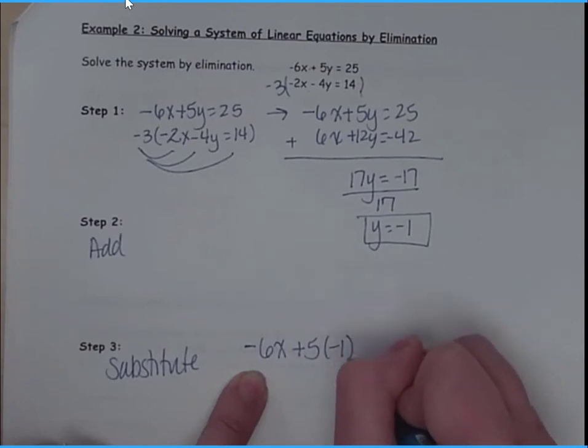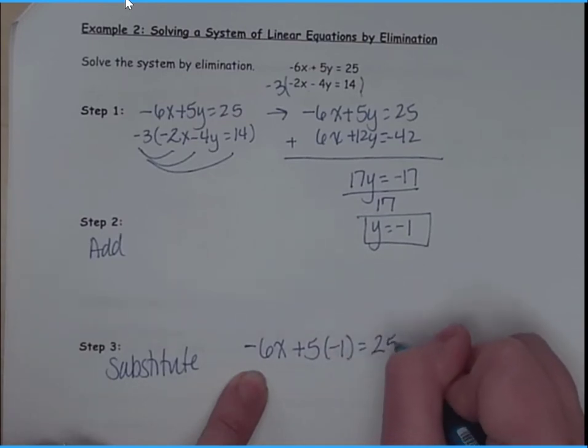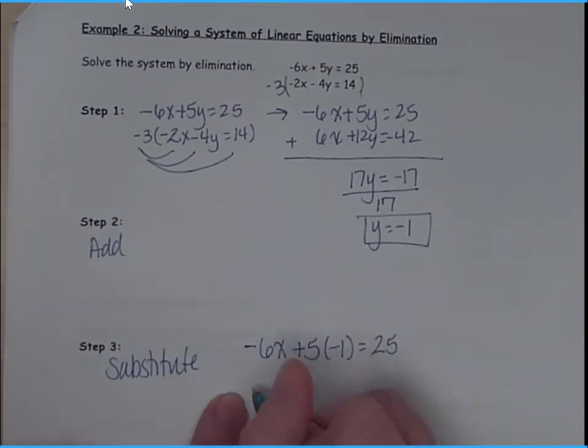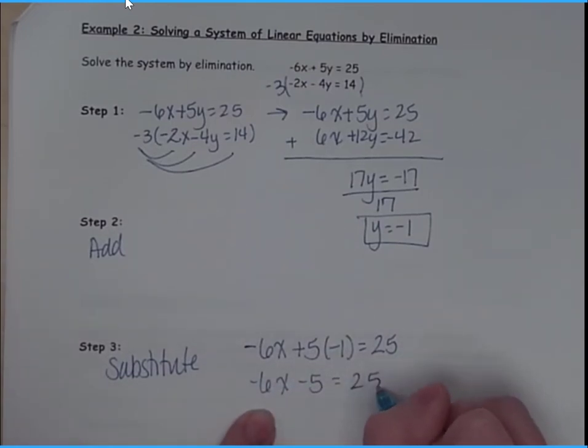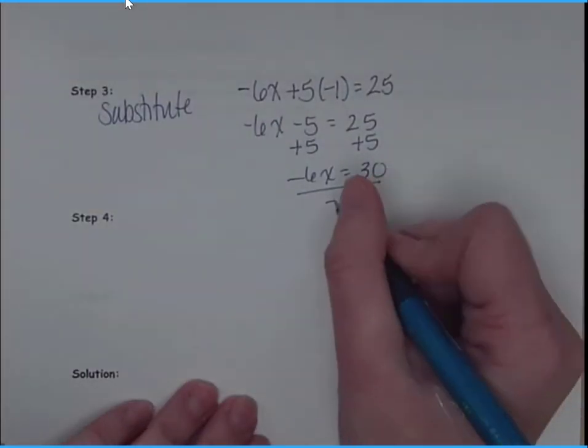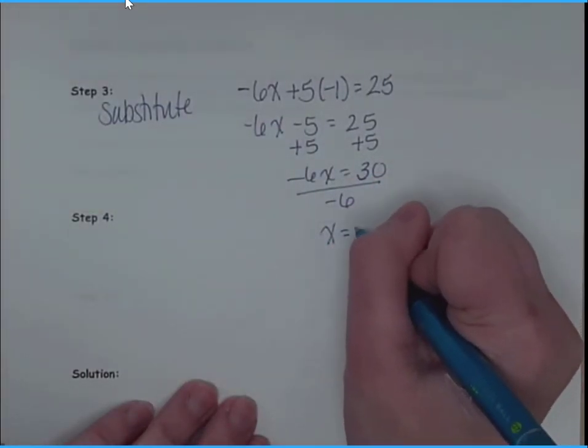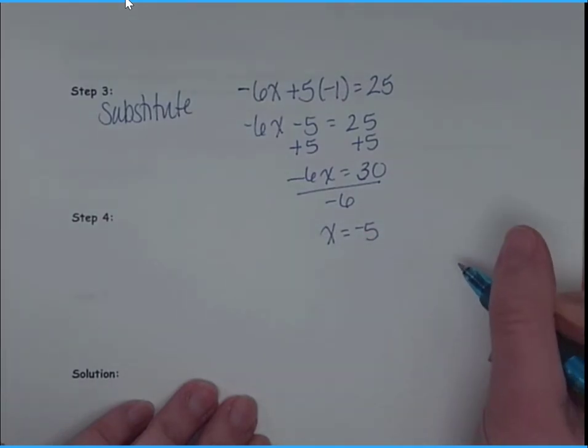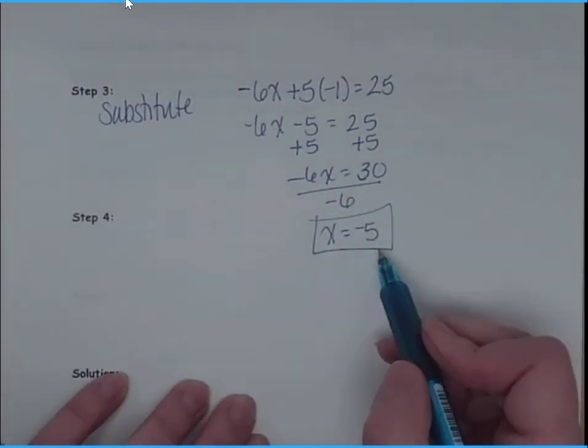Well, y is -1, so -6x plus 5 times -1 equals 25. Okay, so I have -6x minus 5 equals 25. Add 5 to both sides. So I have -6x equals 30. Divide both sides by -6. So x equals -5. All right, so now I'm all set.